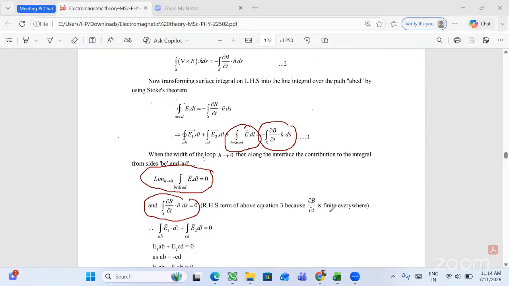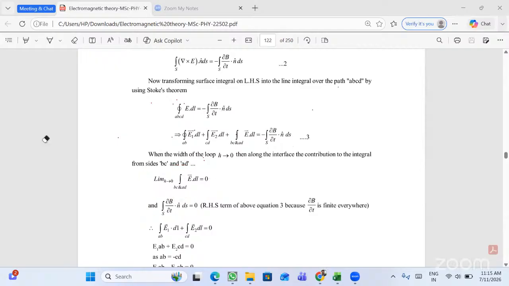That means it does not change. So the rate of change of a constant will be equal to 0. Therefore, the value of ∂B by ∂t is going to be equal to 0.